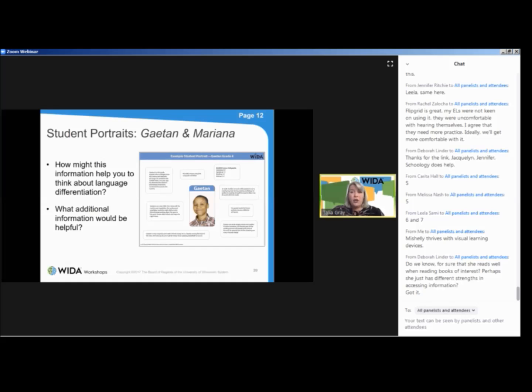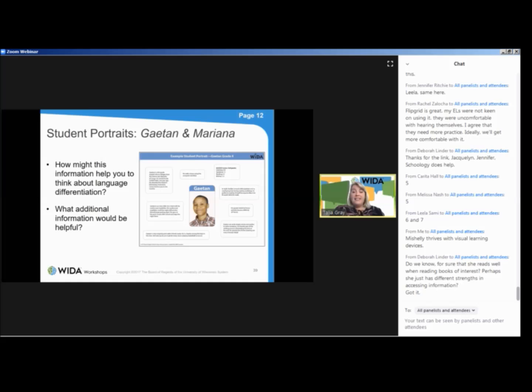Now, I'm going to go through these a little quickly. We're a little bit behind, which is totally fine. Keep in mind, this information is in the Padlet, okay? So you have blank templates there in the Padlet. You have these examples that are in your packet. So take some time when you're digging through that Padlet to really look at these student portraits.